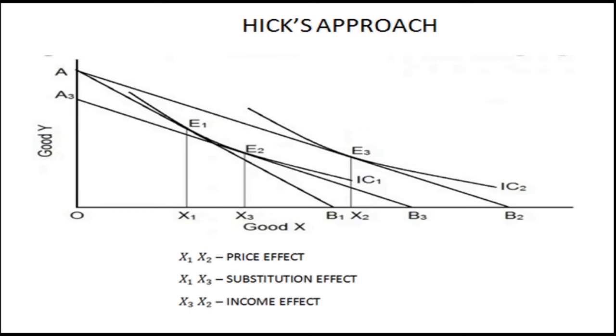So here the substitution effect is X1 X3. That means the movement from E1 to E2 is the substitution effect. So this is all about the decomposition of price effect into income and substitution effect by Professor Hicks.